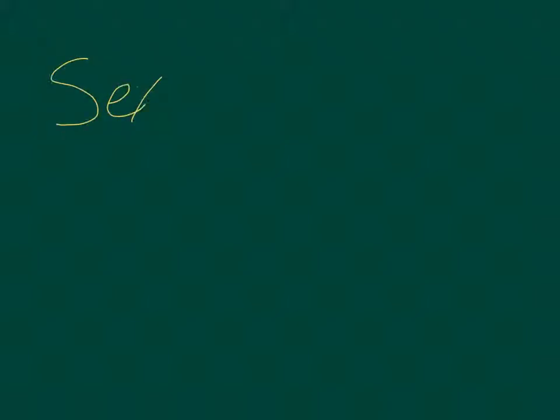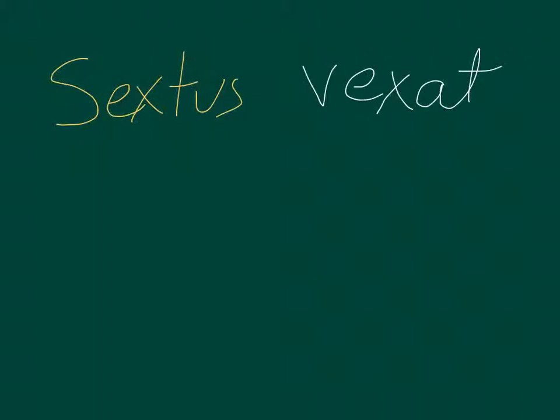Sextus vexat. So Sextus is our subject. He has that familiar US ending that we've always seen Sextus with. Sextus is annoying. Vexat is our verb. Sextus is annoying. We could ask the question, who is Sextus annoying? Who is the receiver of the annoyance?